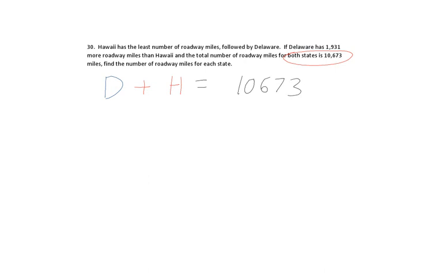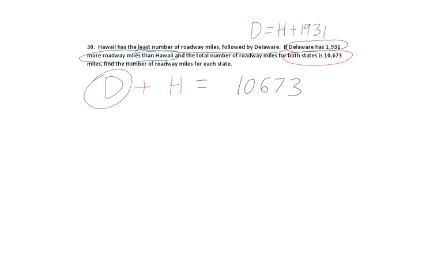But there's another piece of information that may help us. It says right here that Delaware has 1,931 more miles than Hawaii. What that means is Delaware is equal to whatever Hawaii is plus 1,931.